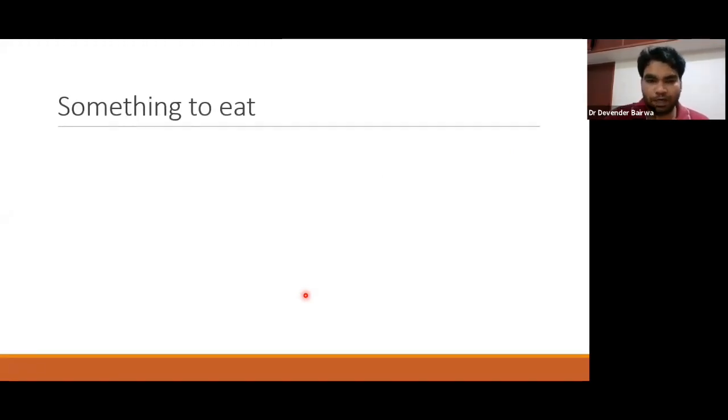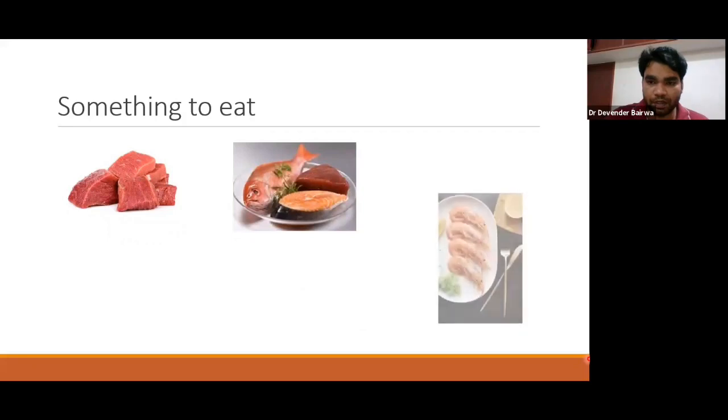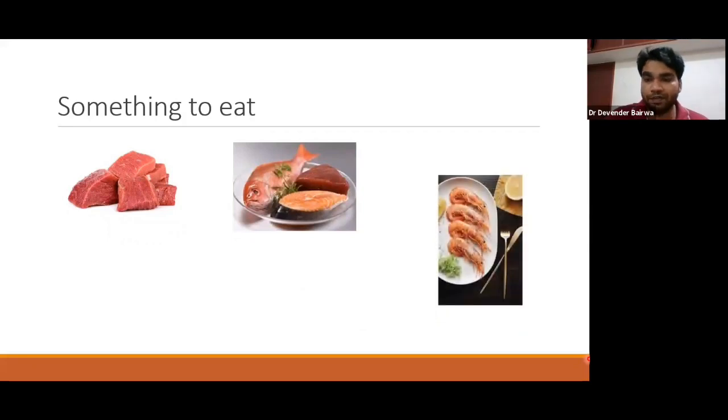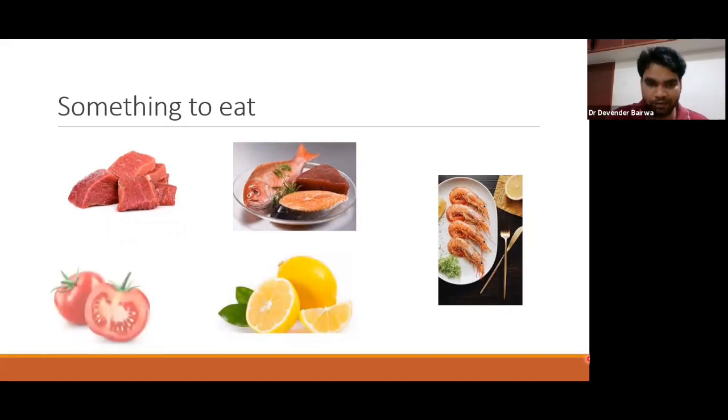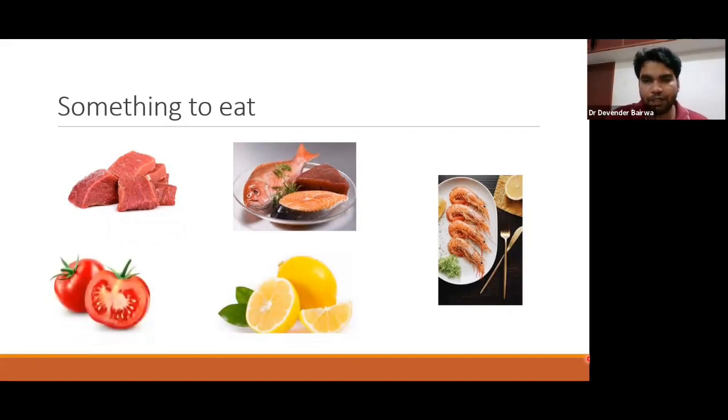As far as food material is concerned, we have red meat, fish, seafood, citrus like lemon, and tomato. The basic idea of this slide is that we want to know which of these materials are safe and can be taken by gout or hyperuricemic patients.